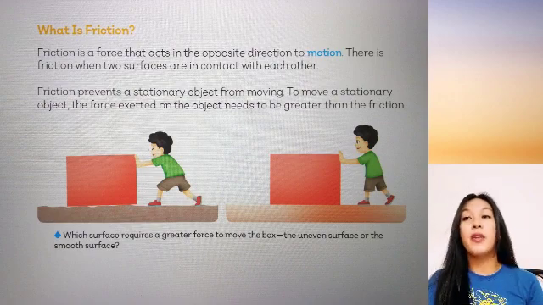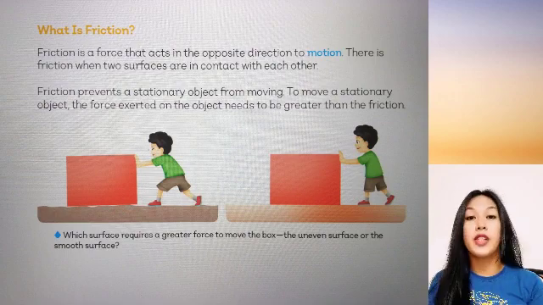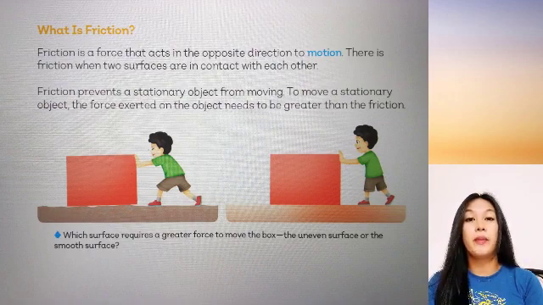So friction prevents a stationary object, an object that is at rest, from going anywhere. To move a stationary object, the force exerted on the object needs to be greater than the friction.